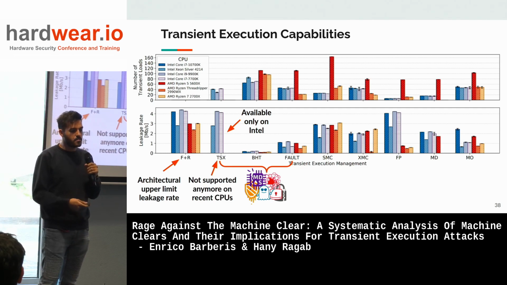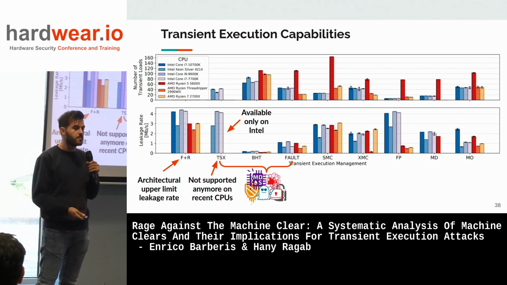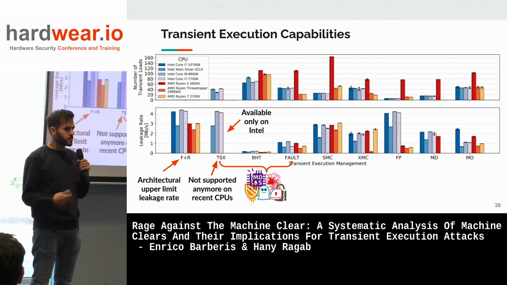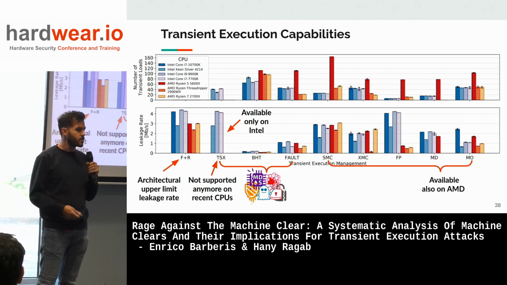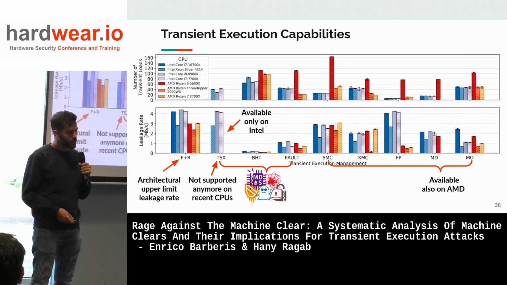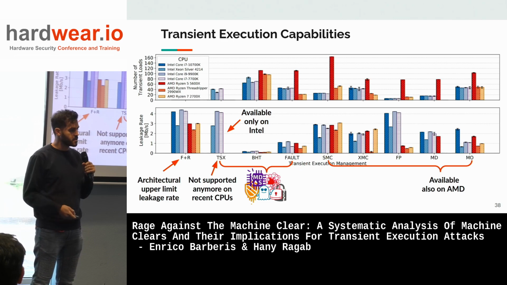And therefore, until this work, everyone was left with mistraining the branch history table, so another type of predictor, or causing a fault. Those were the 2 ways of creating transient execution paths. But now with this work, we have many more, and they're also available on AMD. So it widens the attack surface with these new discoveries.